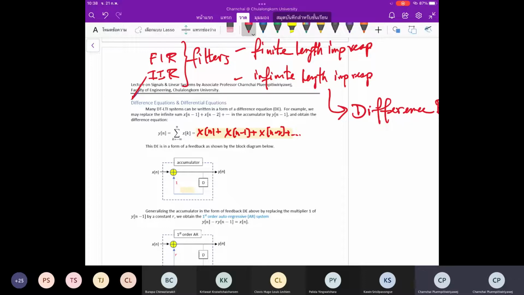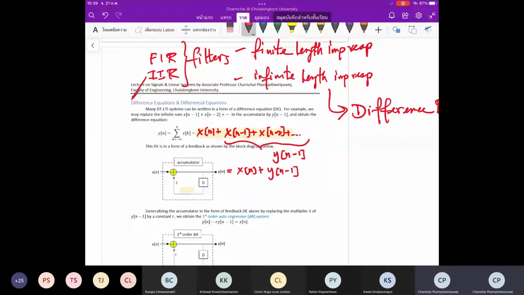Infinity, right? So over here, the whole thing is y[n-1]. Okay, so we're going to have x[n] plus y[n-1]. That's the accumulator, and this one is like the feedback. So our y[n] here is equal to x[n] plus y[n-1].